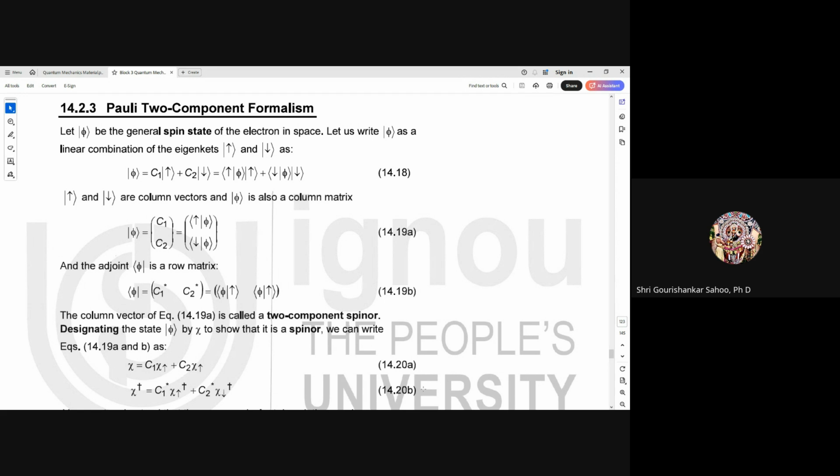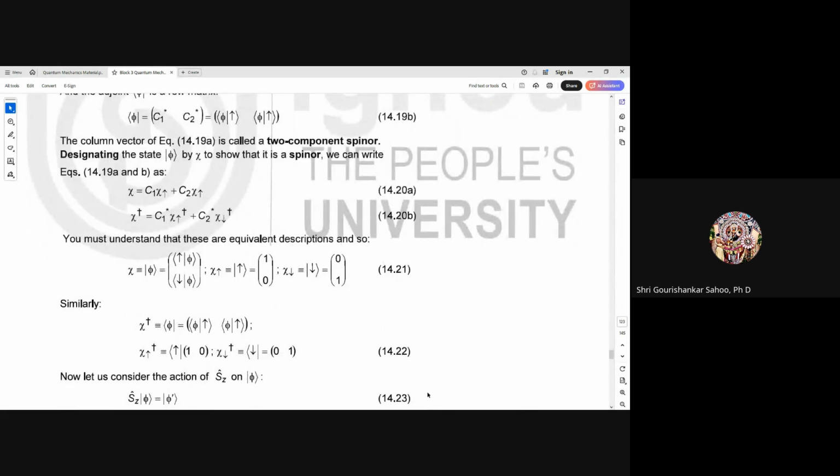And it is called a two-component spinor, designating the state phi in ket by chi to show that it is a spinor. So you can write chi as C1, C2, and chi dagger is equal to C1 star, C2 star. So the equivalent description is shown on the screen.